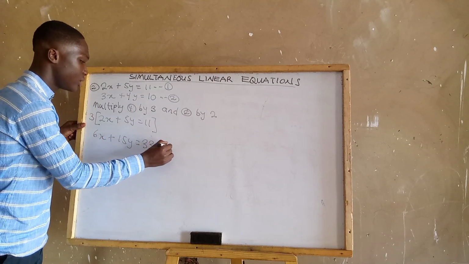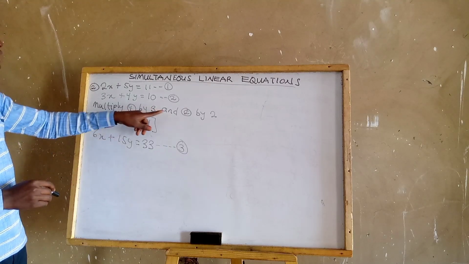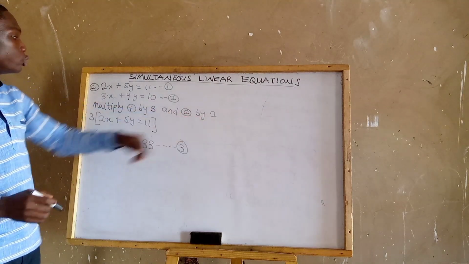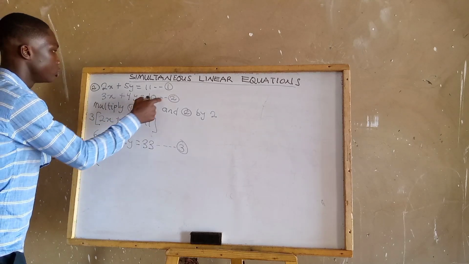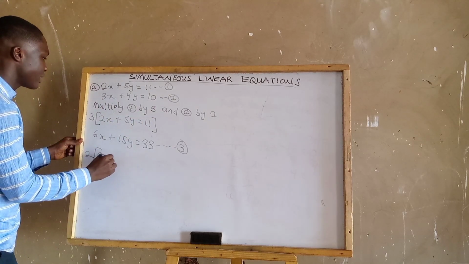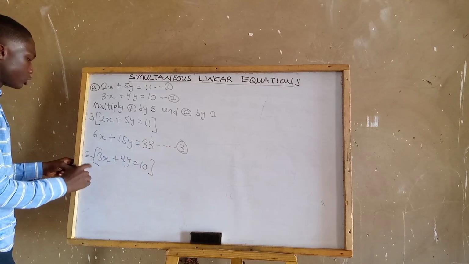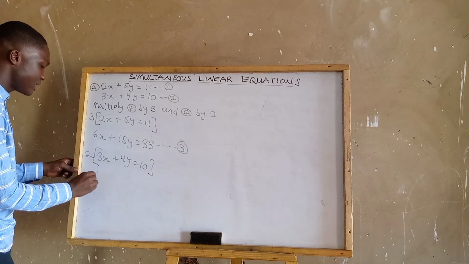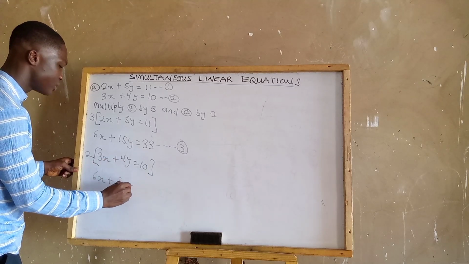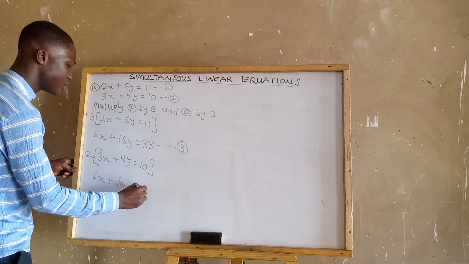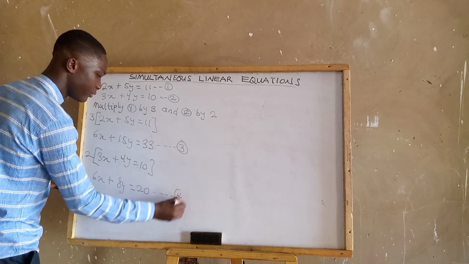That is equation 3. Now multiply equation 2 by 2. You have 3x plus 4y is equal to 10, so 2 times 3 is 6x plus 2 times 4 is 8y is equal to 2 times 10, which is 20. This will be equation 4.